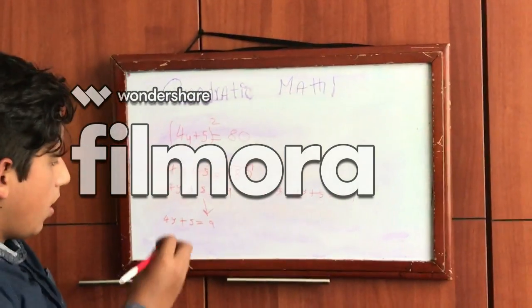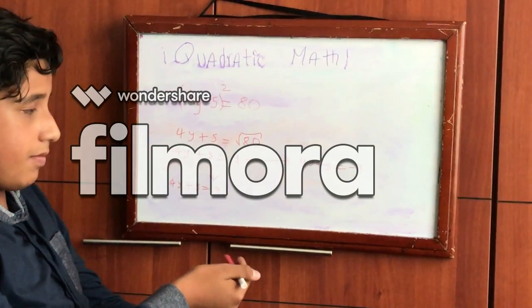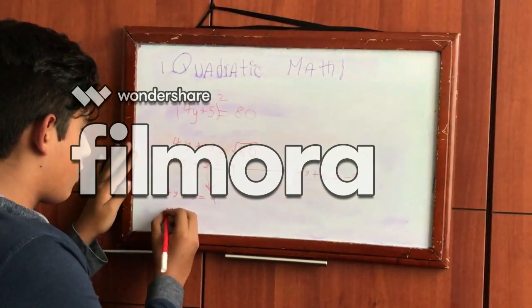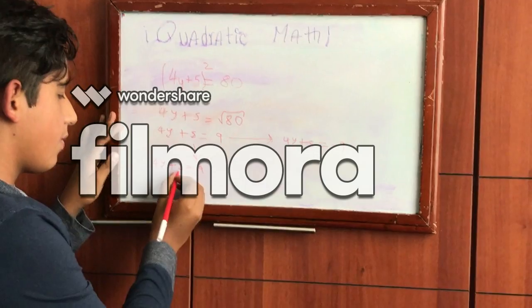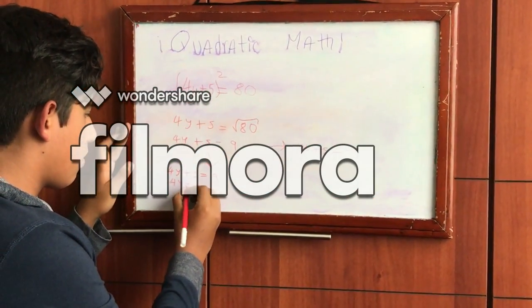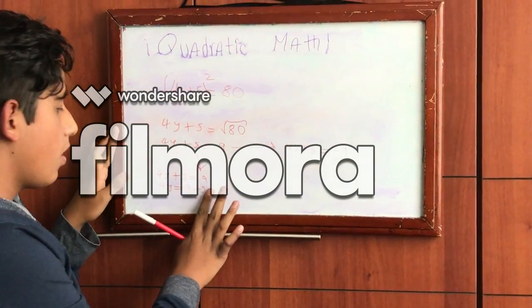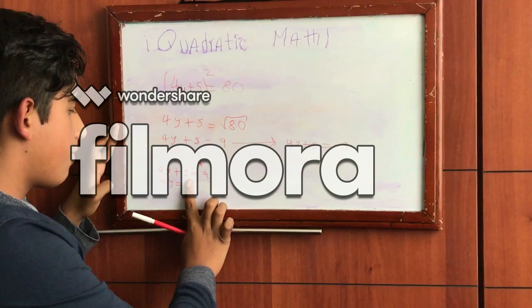Okay, so right now we can see that 4y and 5 are not like terms, so we have to do this. We have to pass the 5 to the other side, so 4y is equal to 9 minus 5, okay, and that would be 4.